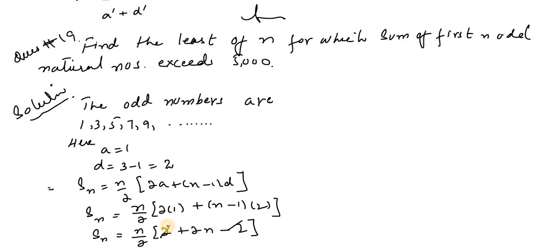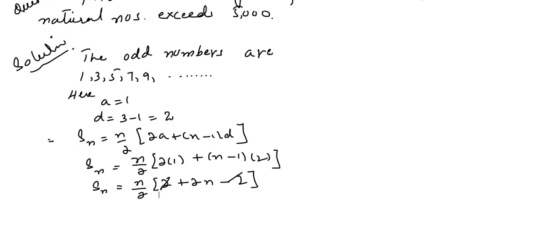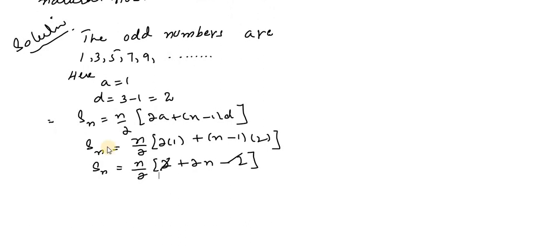So minus 2 cancels with plus 2. So we get n upon 2 into 2n. 2 cancels with 2. So the sum of n odd natural numbers is n square.